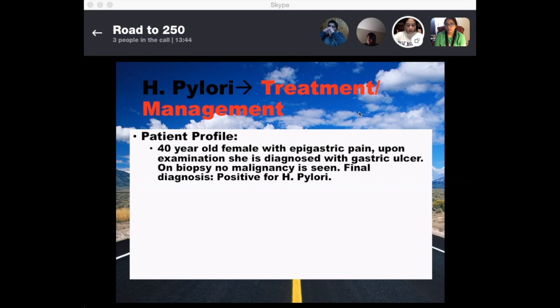So like I said earlier, biopsy is the most accurate test, actually, and then the stool toxin assay and urease test are definitely diagnostic, but not as accurate as the biopsy. And obviously on biopsy under microscopy, you would just see H. pylori.